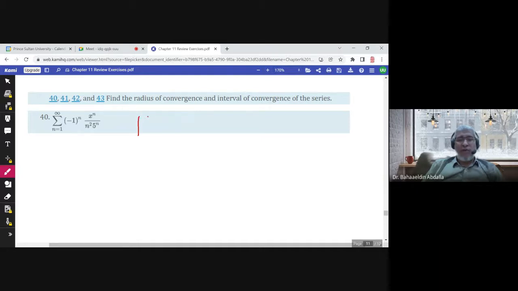So a_{n+1} over a_n would be x to the power n plus 1 over (n plus 1) squared times 5 to the power n plus 1, multiplied by n squared 5 to the power n over x to the power n.